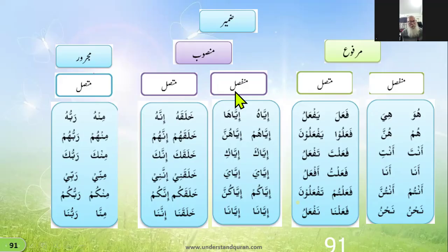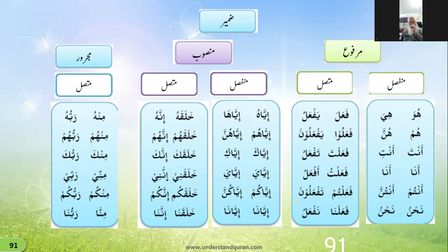The mansub may come as a munfasil and muttasil. When they come as a munfasil, they come with the iya. Iyahu, iyahum, iyaka, iyaki, iyakuma, iyakunna, iyaya, iyana. They come like that. Or they may come attached with the verb. Khalakahu, khalakahum, khalakaka, khalakani, khalakakum, khalakana. Or they come attached with inna: innahu, innahum, innaka, innani.